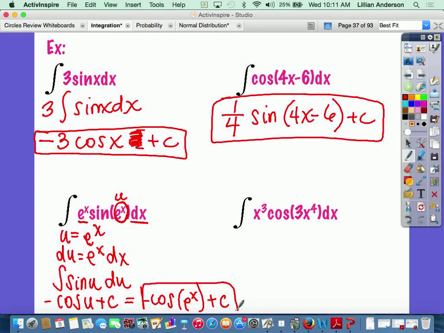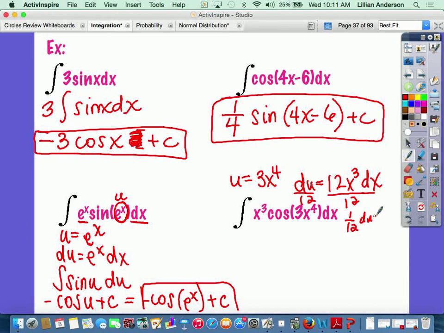And the last one. What do you think? Substitution? What am I making u? 3x to the 4th. So du is going to be what? 12x to the 3rd dx. I have to divide by 12 because I do not have a 12x cubed, I just have an x cubed. So it's going to be 1/12 du equals x cubed dx.